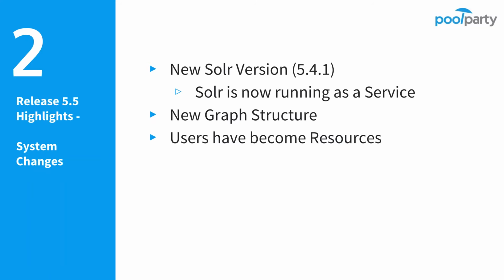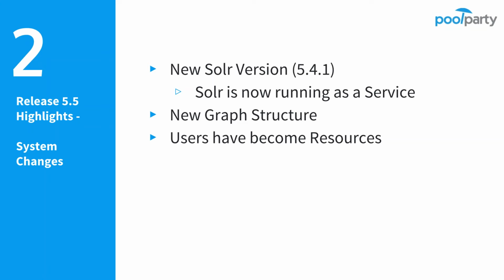So let's start. I want to start first with some general changes in the application that I want to point out in the beginning. This will be especially relevant for you when we upgrade the system, so you are aware of that. One major change we made with 5.5, also in relation to supporting Elasticsearch as an alternative to using Solr: we upgraded to Solr version 5.4.1.